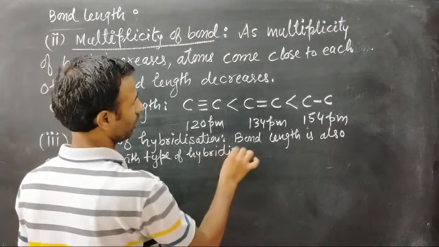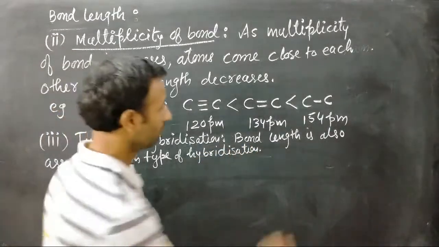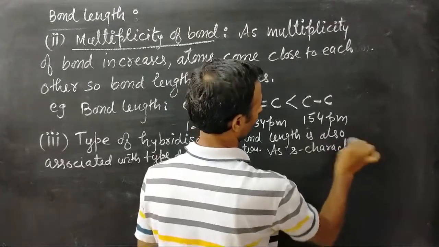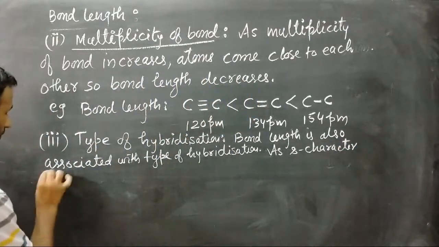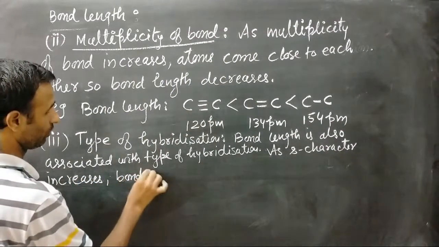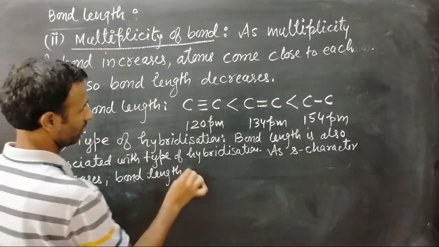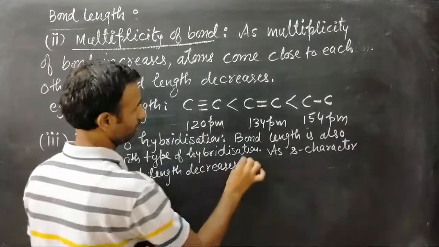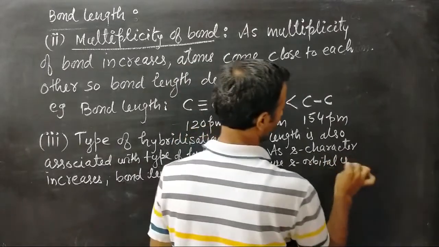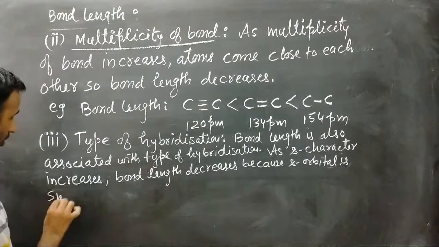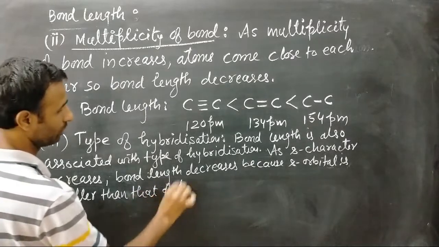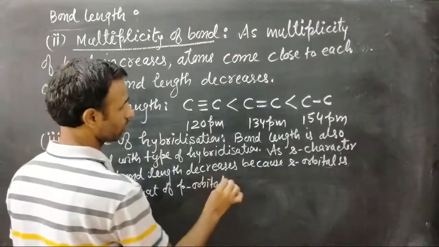Hybridization means mixing of orbitals. Okay, so as s character increases, bond length decreases, because the s orbital is smaller than that of the p orbital, or we can say the s orbital is closest to the nucleus.